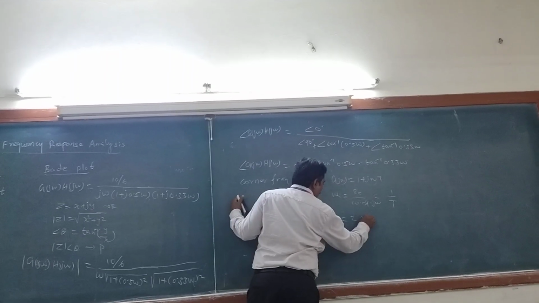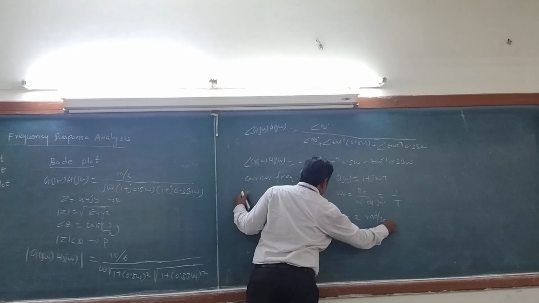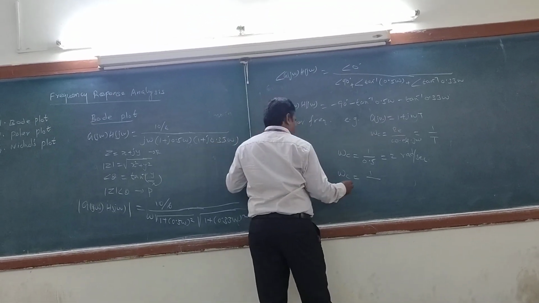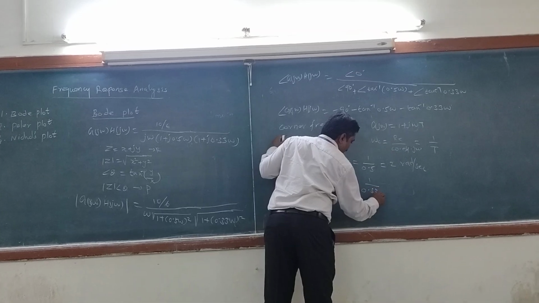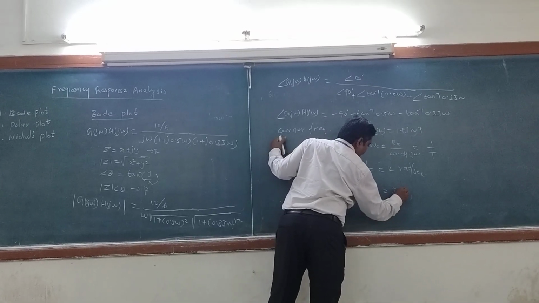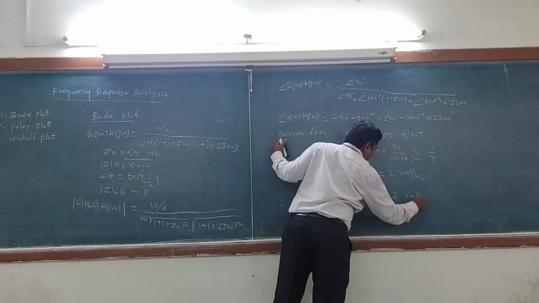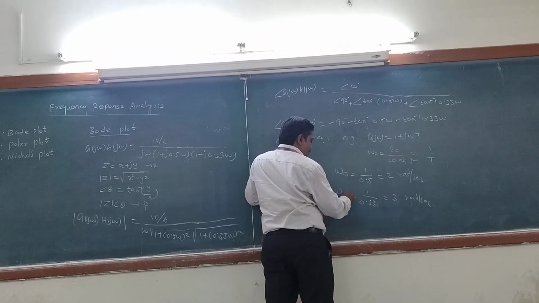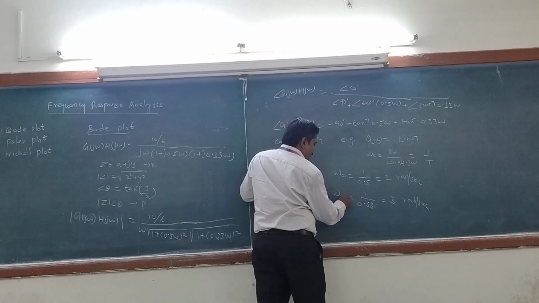So 2 radian per second. Then omega c is equal to 1 divided by 0.33, so 3 radian per second. Now assign the numbering: this is omega c1, this is omega c2.